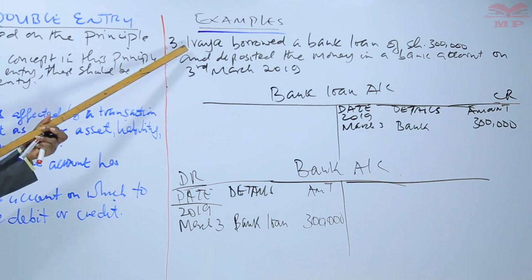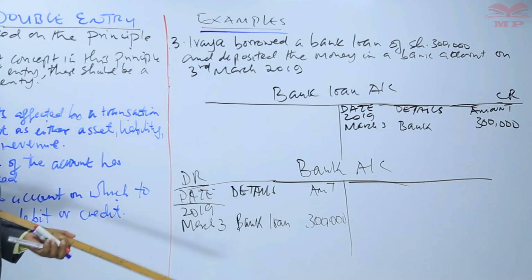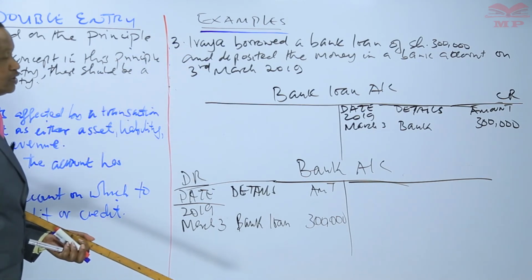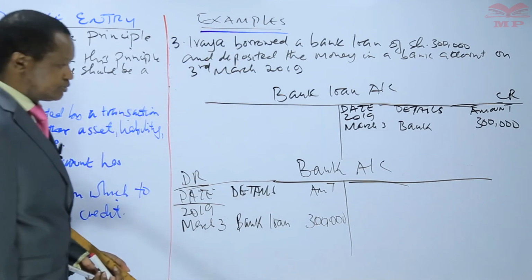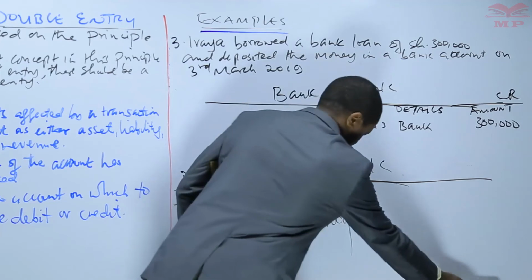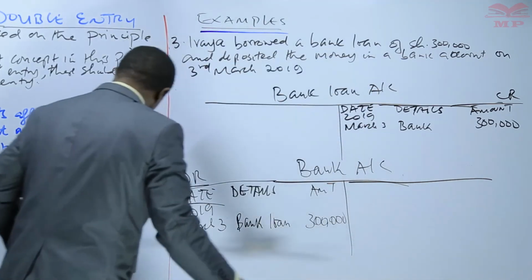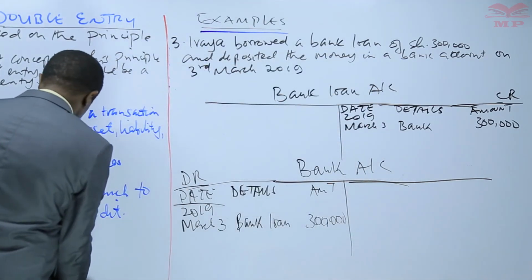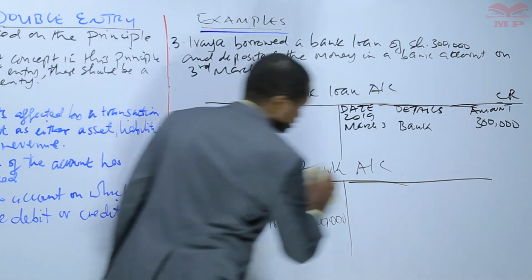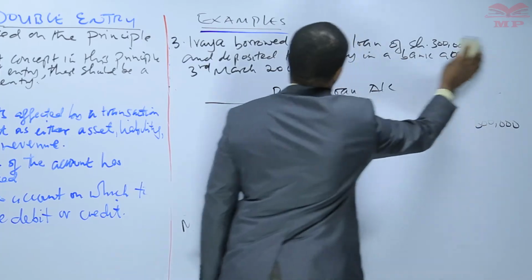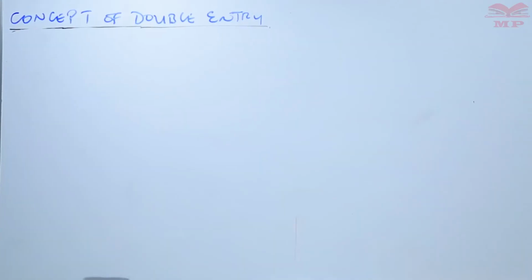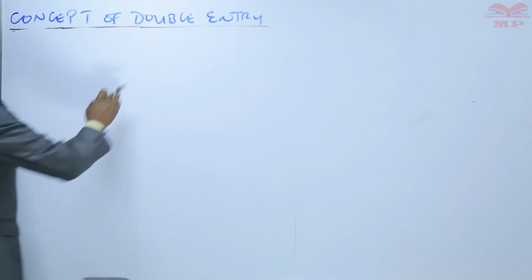Learners, that is how to effect this transaction. And I will stop there so that I can give you an opportunity to practice. I'll give you an assignment, and I'm going to write it on the board. The following transaction took place in the business of Mitalo.